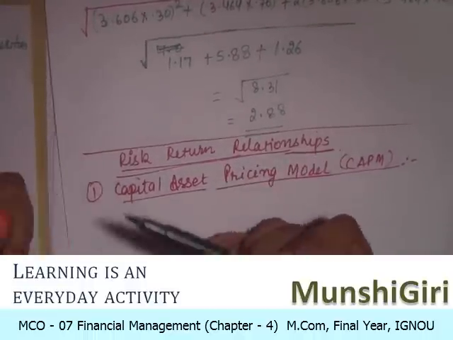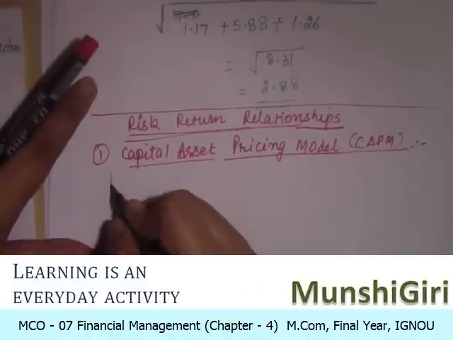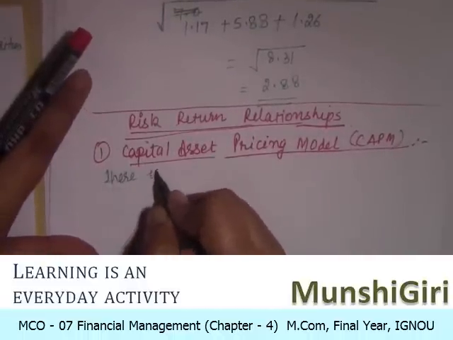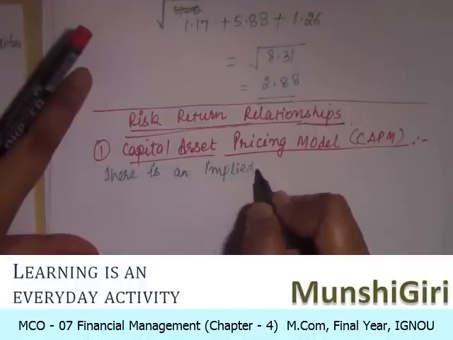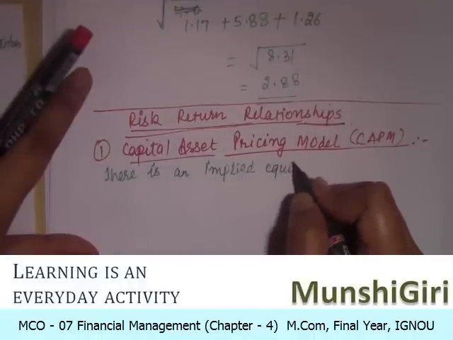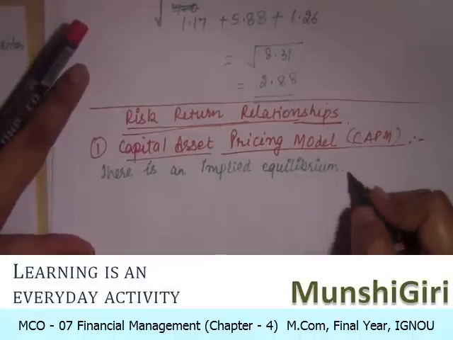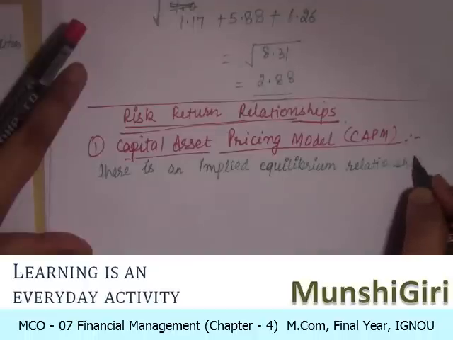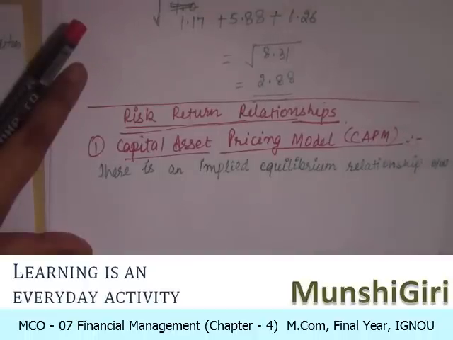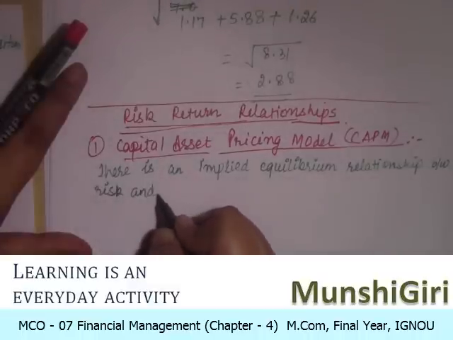It states that there is an implied equilibrium relationship between risk and return of each security.